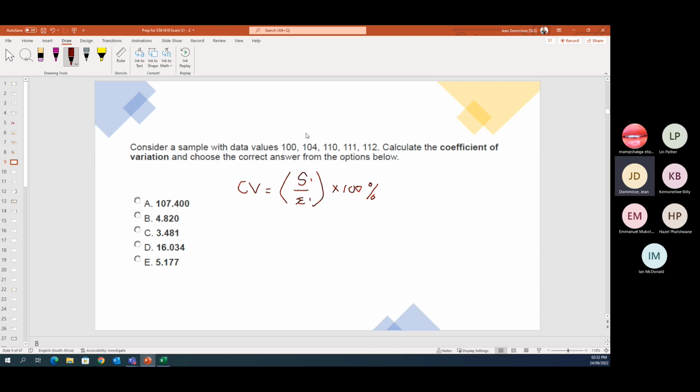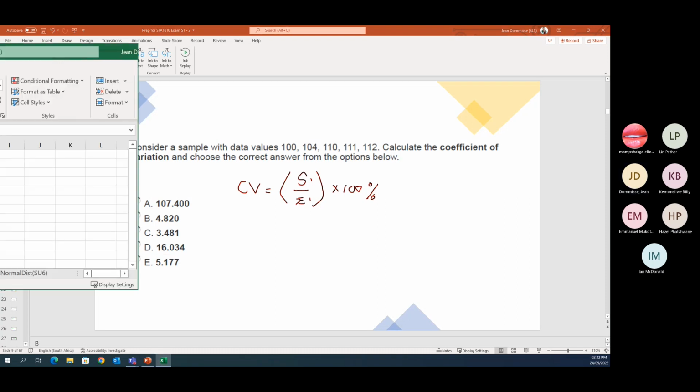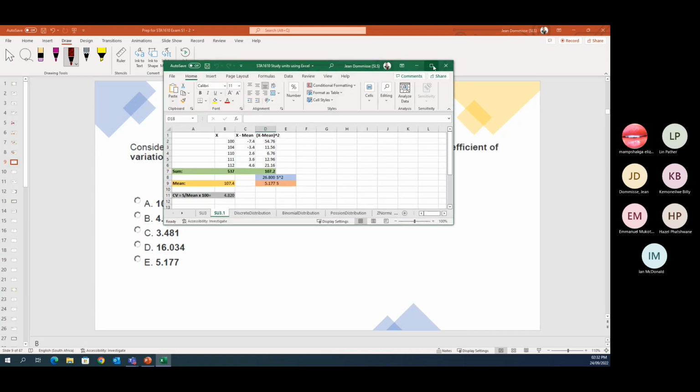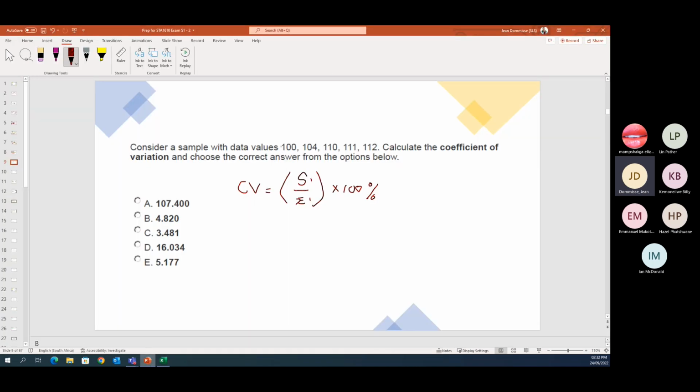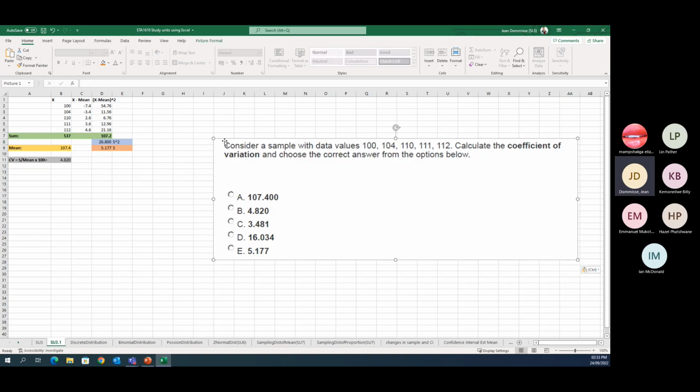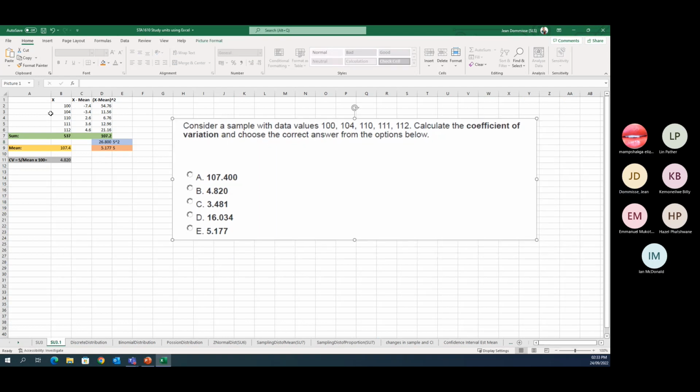And that is where I again usually will use my Excel spreadsheet. And I think that was actually the numbers that is in there, but let's just quickly put it in here. So what was it? 100, 104, 110, 111, 112.